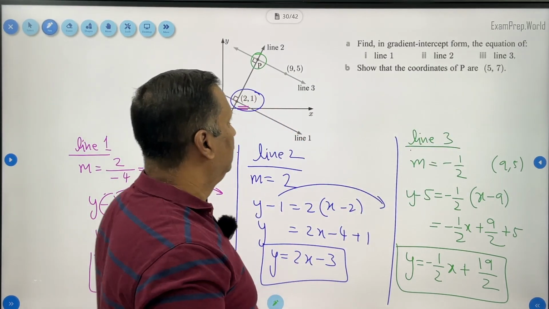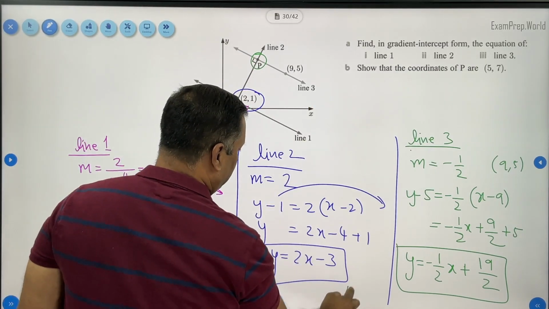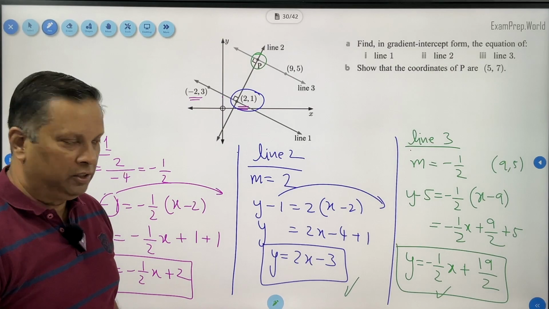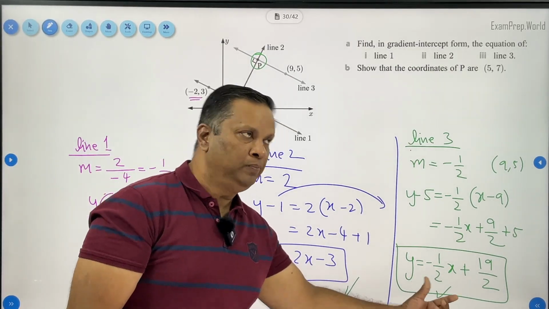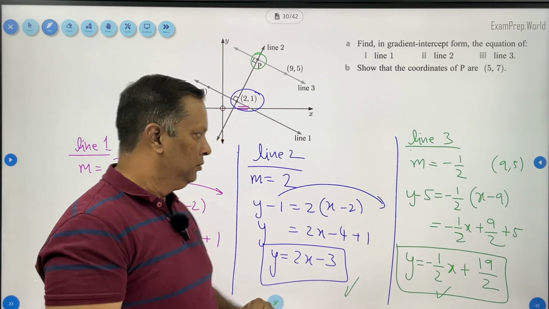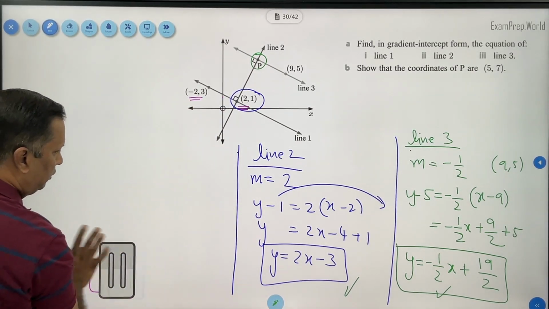Let's do it. This point of intersection is between line 2 and line 3. So we will use this one and this one to find their point of intersection. This is equation 1, equation 2. You will precisely get the coordinates of point P. Okay, so let's do that. I'll do it here.